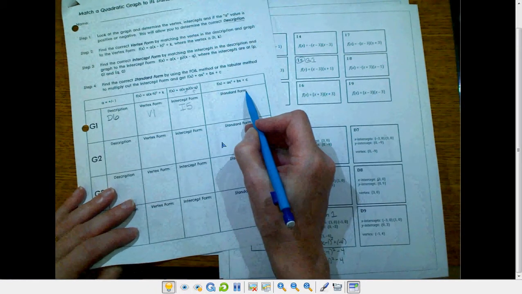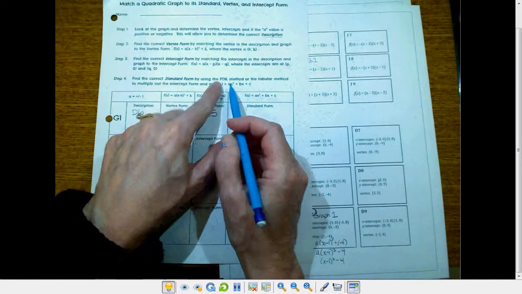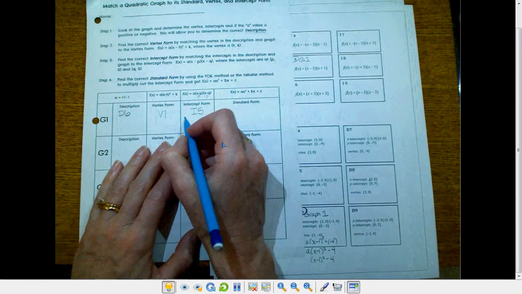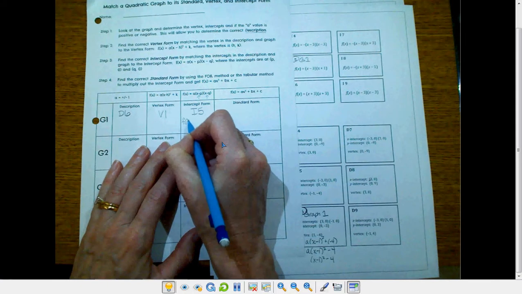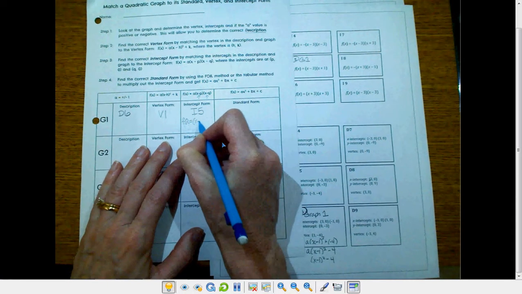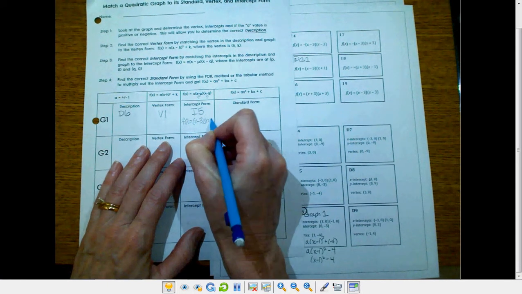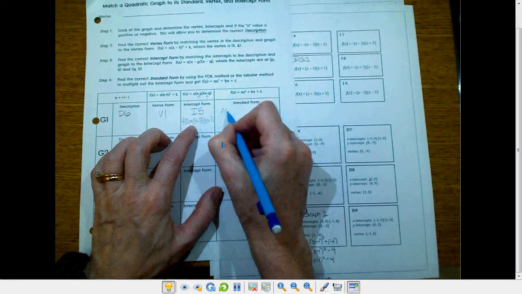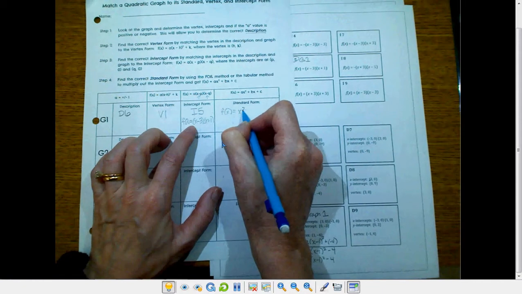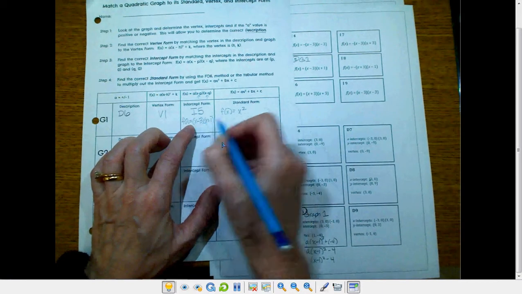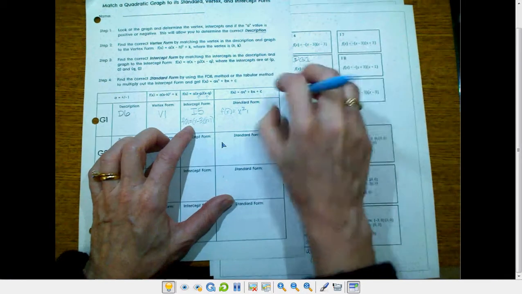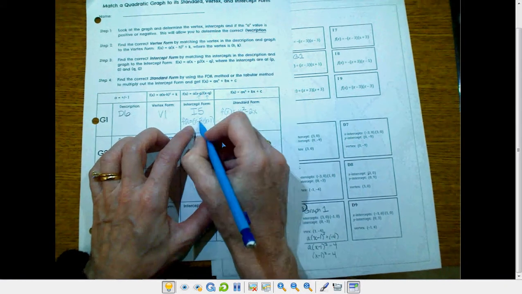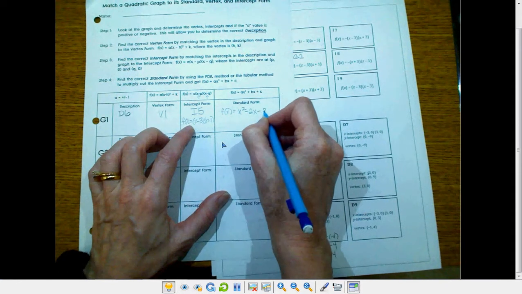Standard form. To get the standard form, you just FOIL your intercept form. So we found this one, and it might make it easier for you if you copy down the intercept form here. So now I'm just going to FOIL this. x squared, negative 3x plus x is negative 2x, negative 3 times positive 1 is negative 3.